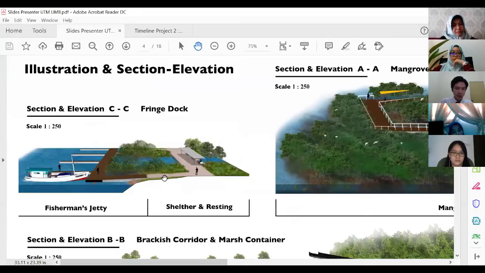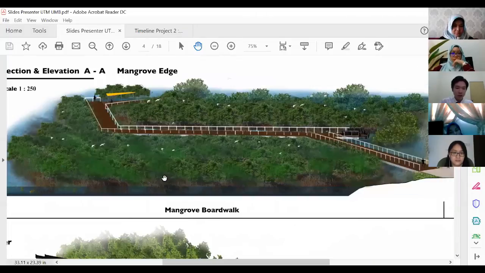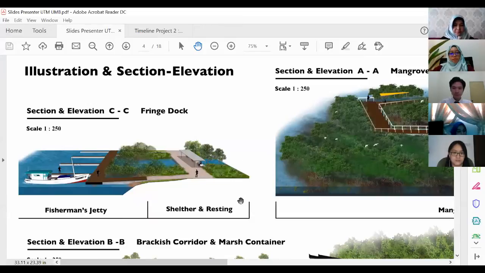This is the section elevation of the fisherman jetty. I call it the fringe dock. Basically the section shows the level between the upland and the fisherman jetty.